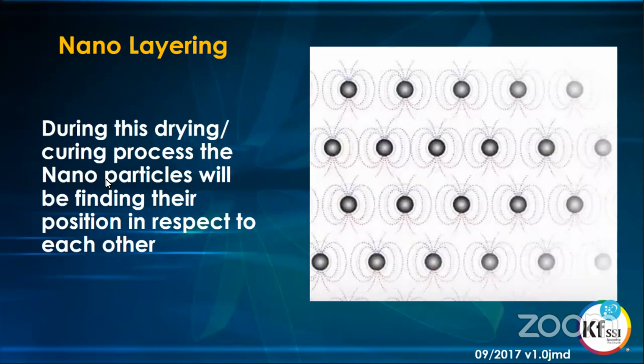And as we've explained before, when you're doing your nano-coating process, particularly during your drying and curing process where you're leaving your plates to sit for weeks at a time, this is what those tiny atoms are doing: they are trying to find their position in relationship to each other.